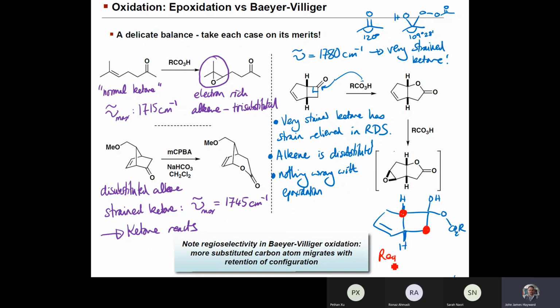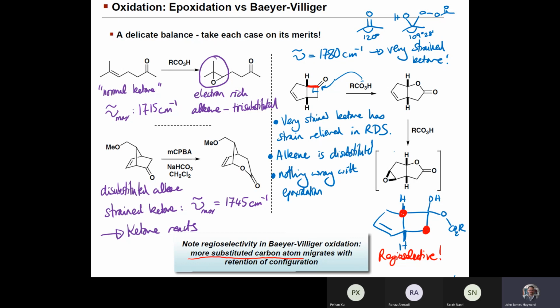That's a regioselectivity question, and it is regioselective for the more substituted carbon atom. So the only product that you get from the Baeyer-Villiger oxidation is insertion into this red bond.